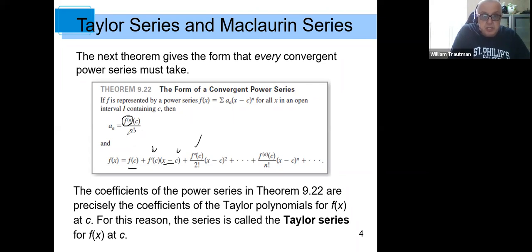If you put a 0 in the first one, and then a 1 in the next, this is over 1 factorial, this is over 0 factorial. 0 factorial equals 1, 1 factorial equals 1. Then 2 factorial, and so on and so on. Second derivative, third derivative, fourth derivative, finally the last term derivative, and we're plugging c in there. So this is the formula. We do need to have that written down and use that.